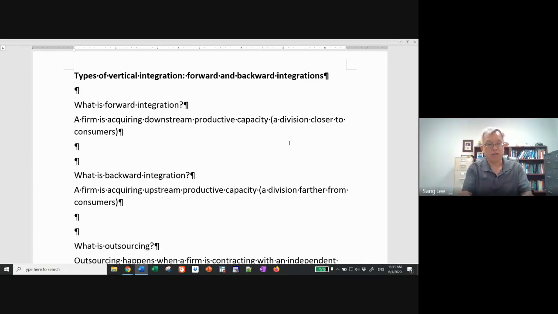First, forward integration. When a firm is acquiring downstream productive capacity, a division closer to consumers, then we say that is forward integration.